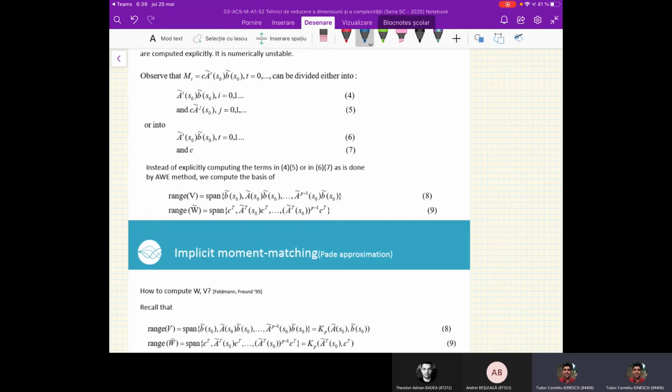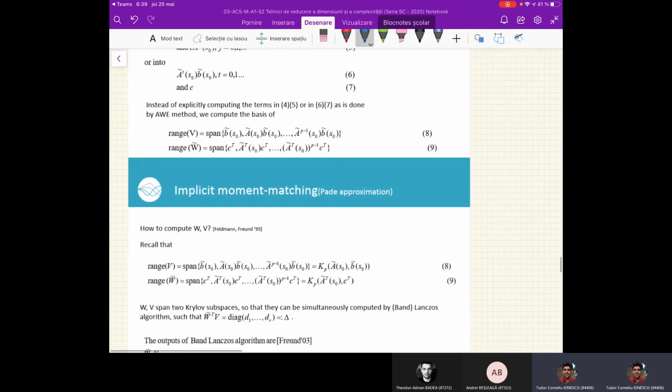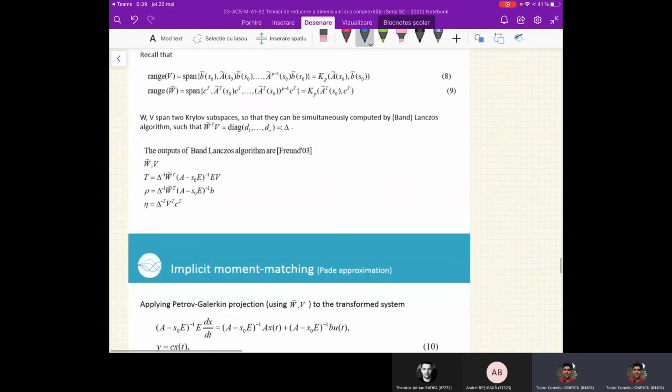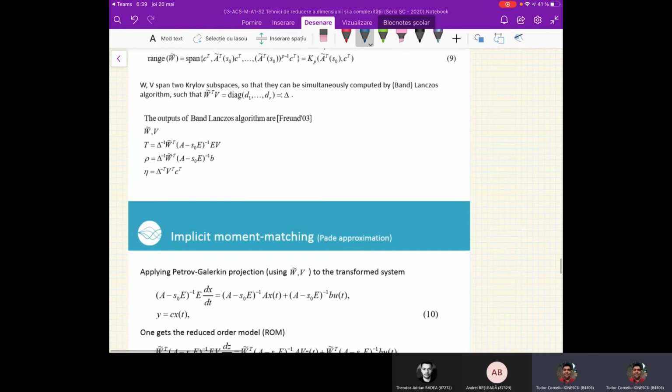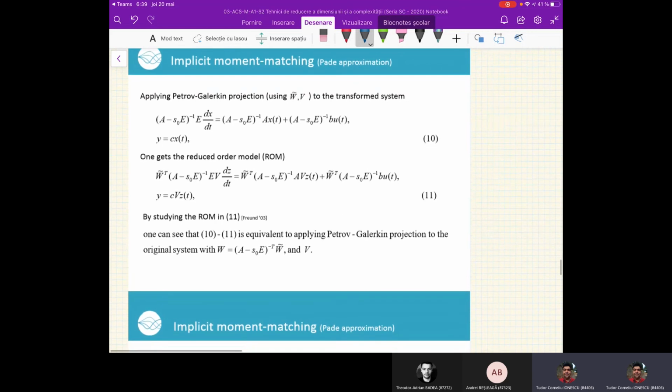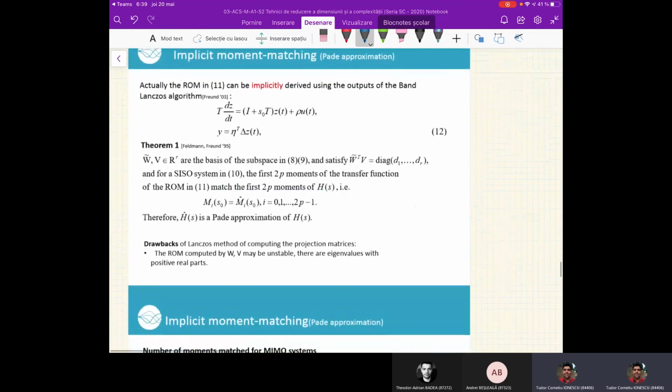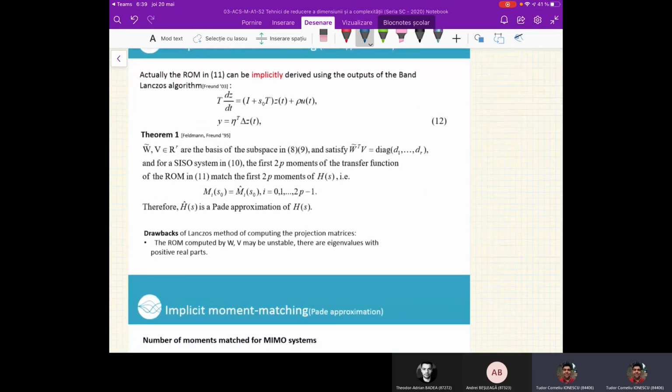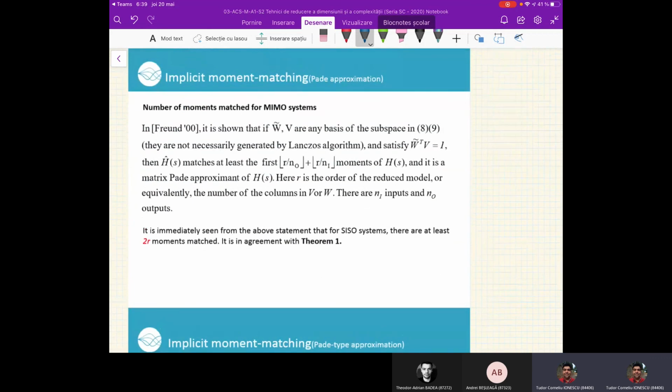Whereas if you'd like to match 2k moments at zero with an approximation of dimension k, you do the Lanczos two-sided procedure. And it shows you here how to build the Petrov-Galerkin projections.